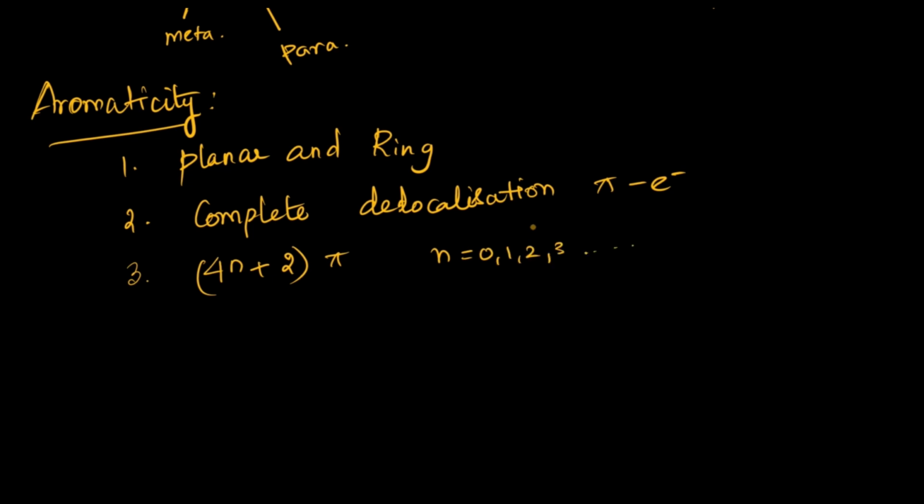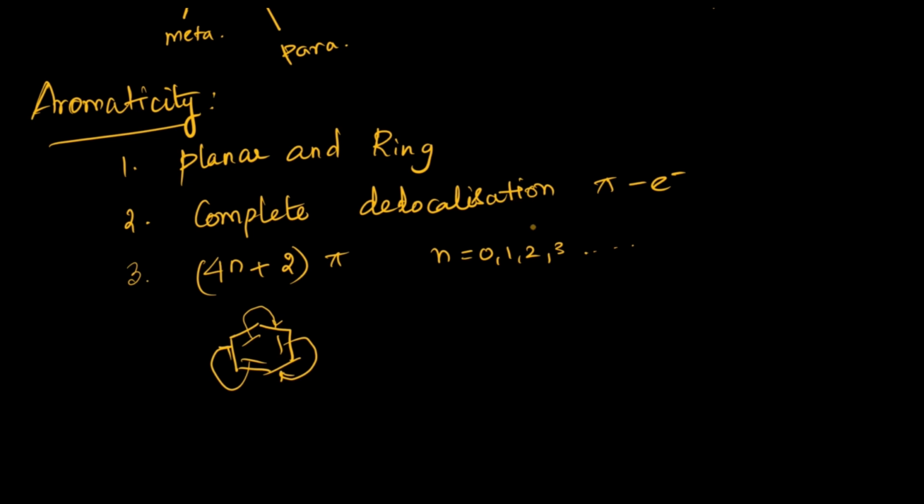Okay. Say for example, if I am taking benzene, there are 6 electrons. So complete delocalization of pi electrons, which means this bond goes here, this goes here, this goes here. So it just completed the ring. It didn't stop anywhere, so it is having a conjugated pi system.